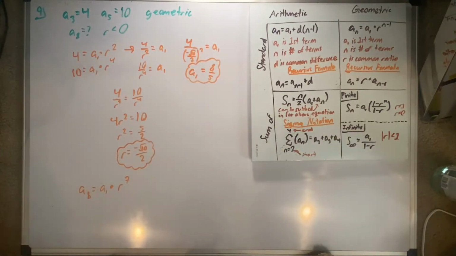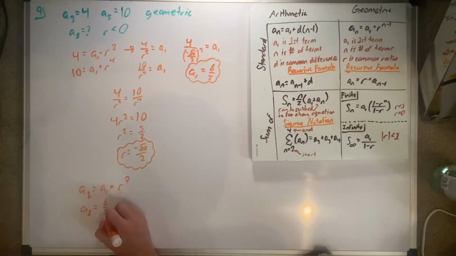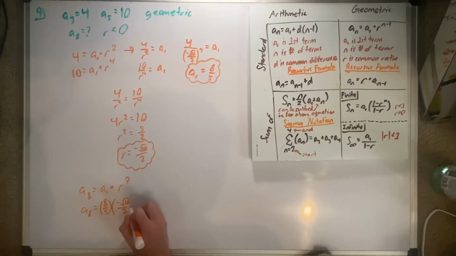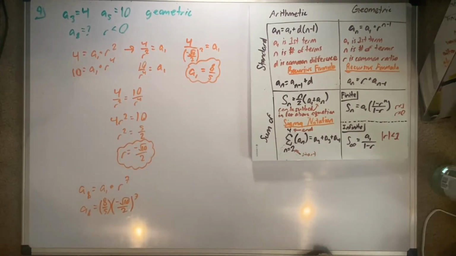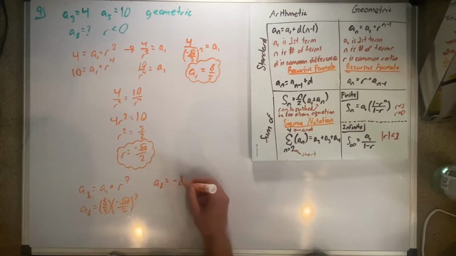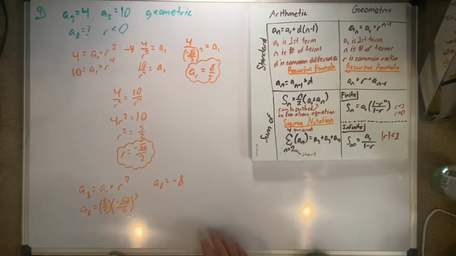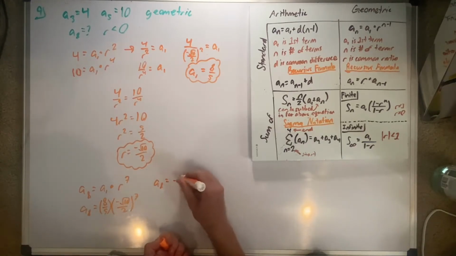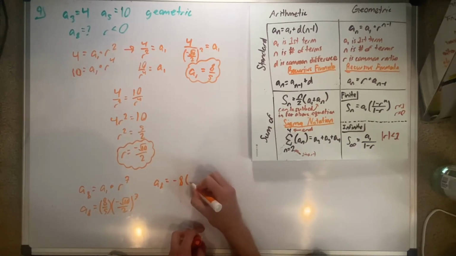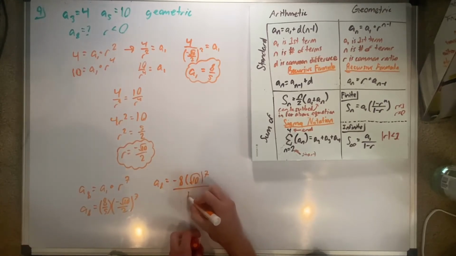Okay, so now we'll plug it in for all this here. a_8 is equal to a_1, 8 over 5, times negative rad 10 over 2 to the 7th power. And then we would go ahead and solve for that. a_8 is equal to, and let's try to solve this where we get it as exact as we can. So we will have negative 8 times rad 10 to the 7th over 10.